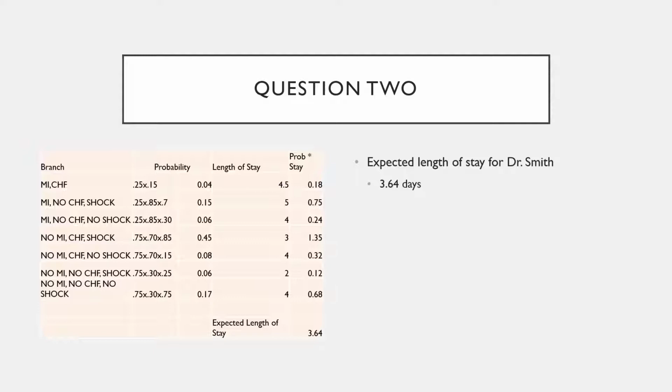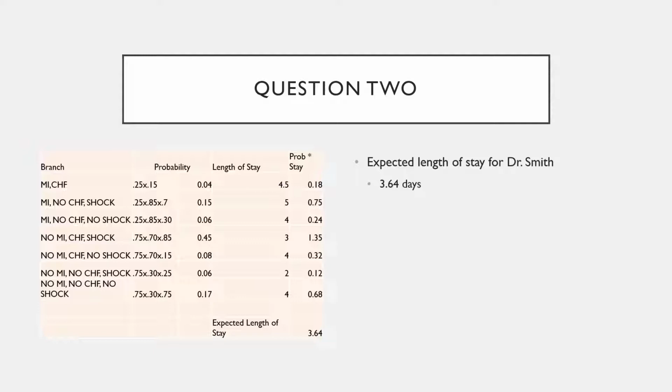It is circled in orange, and that is the MI to the CHF calculation, and the probability is we calculate 0.25 times 0.15 and we get 0.04. Once we get the probability of 0.04, we multiply that by the length of stay, which is 4.5 days. Upon calculating that, we get 0.18.